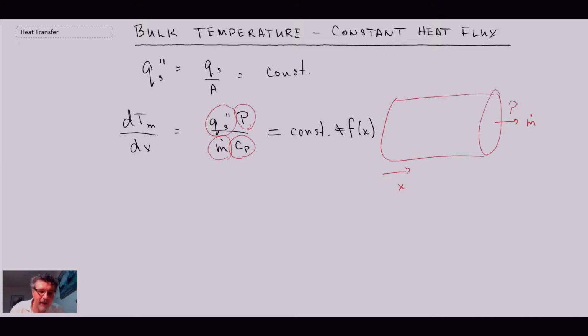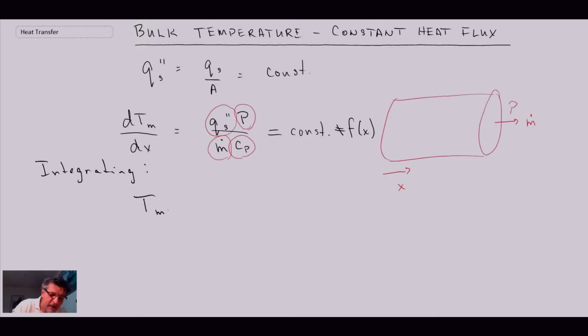It's telling us that the temperature gradient is going to be a constant. So what does that mean? That means that temperature is going to change at the same rate with position. So let's integrate this equation. We'll plot up the temperature profile in a moment, which will help us see what is going on.